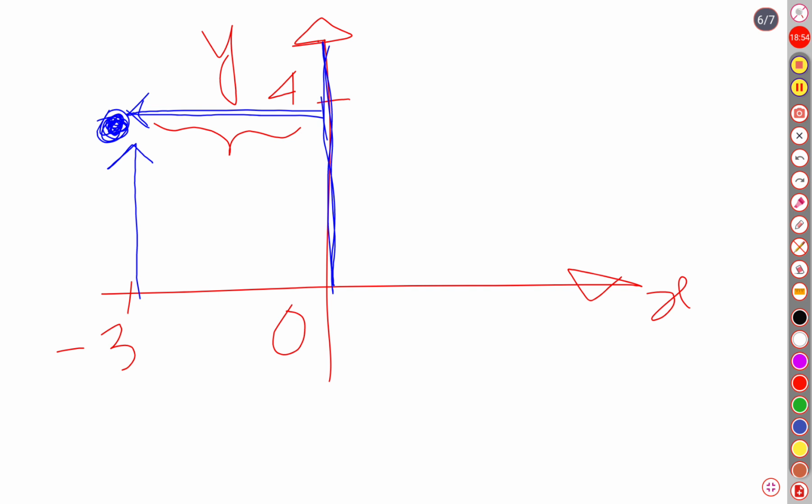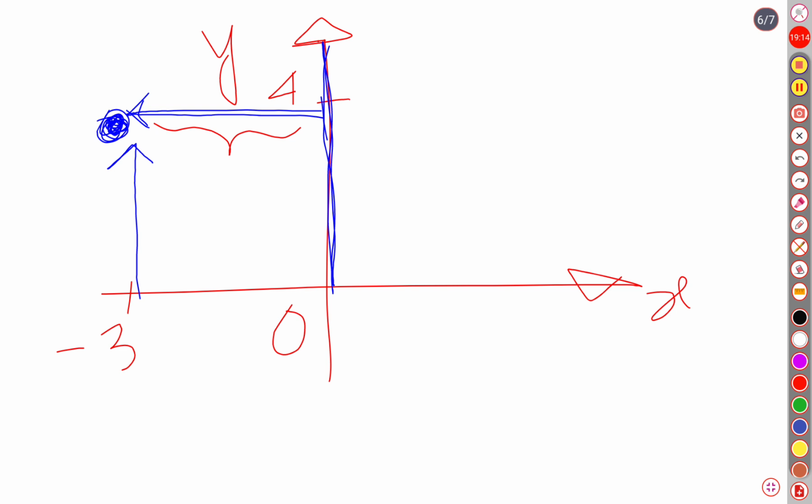So the x coordinate is negative 3. But while writing the distance, remember, distance is a scalar term. In a scalar term, we cannot use a positive or negative symbol. It's always positive. The coordinate is minus 3, but that doesn't mean the distance is minus.